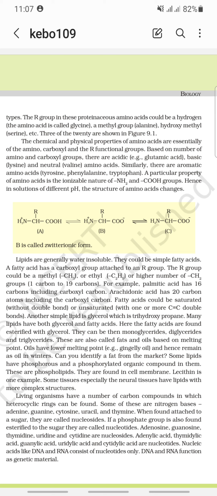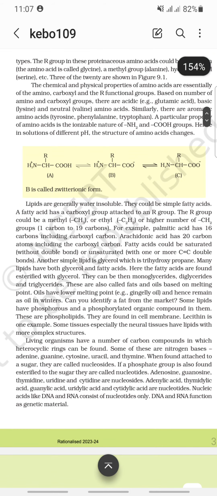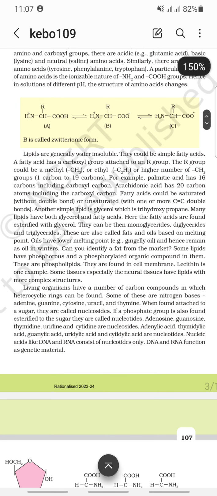A particular property of amino acids is the ionizable nature of the NH2 and COOH groups. Hence, in solutions of different pH, the structure of the amino acid changes. B is called the zwitterionic form.